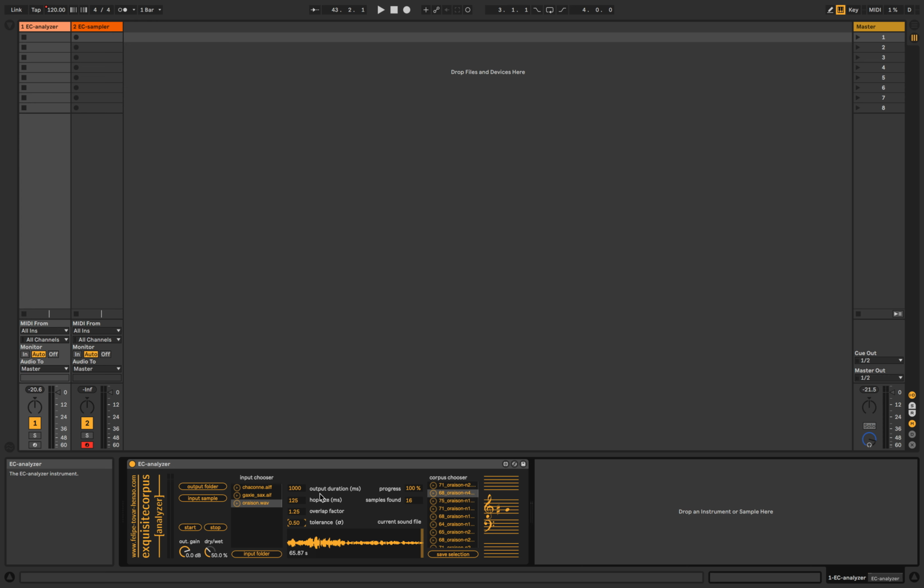And lastly, what we have here is the output duration, which, just to clarify, doesn't actually influence the analysis, but it simply determines how long you want each of the detected slices to be once they're saved.